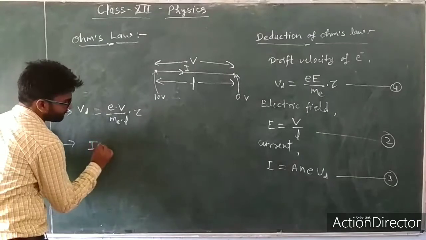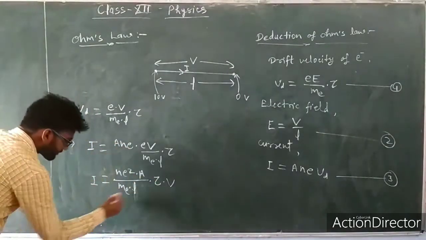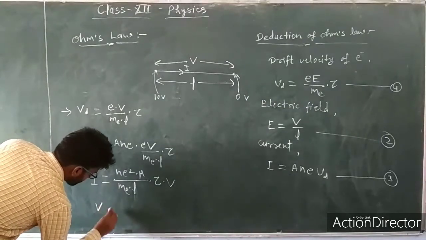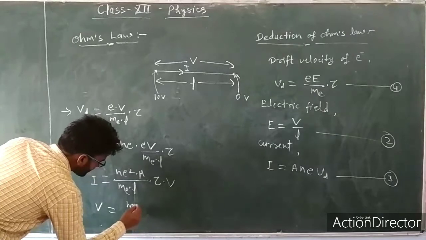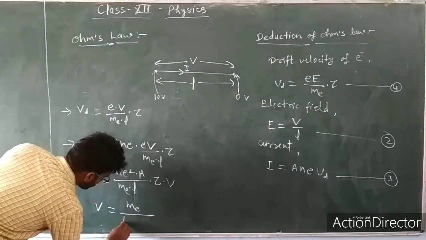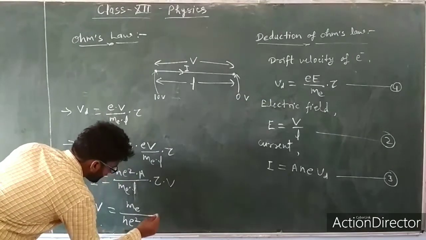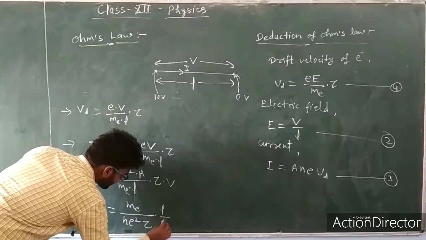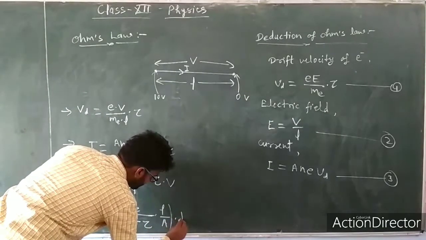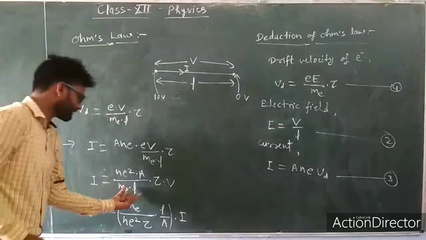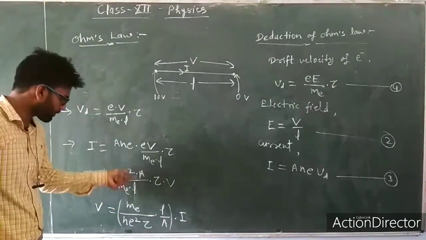After applying the Vd value and rearranging, we can write V is equal to m_e divided by N e squared tau, into L by A, multiplied by I, right? We are taking these values to the other side, so there will be the reciprocal of this value.